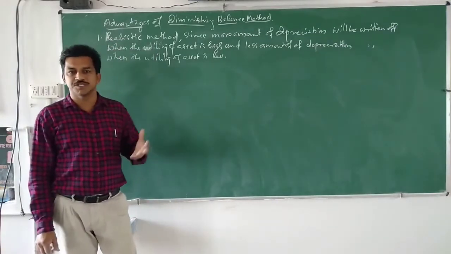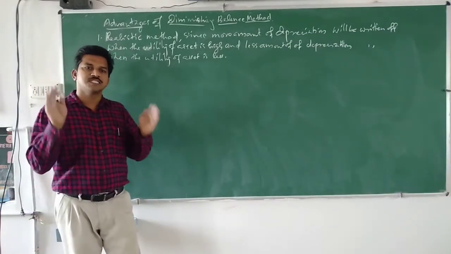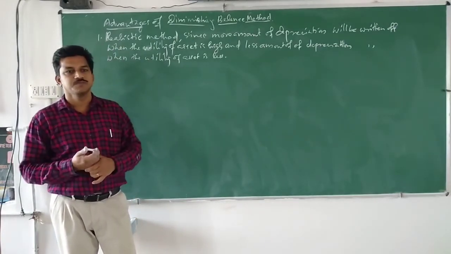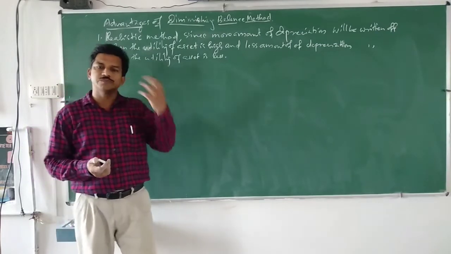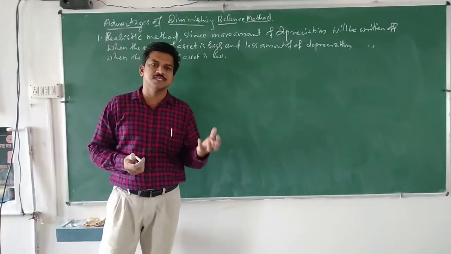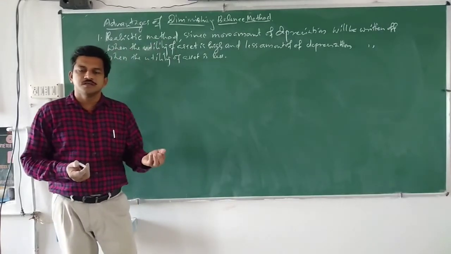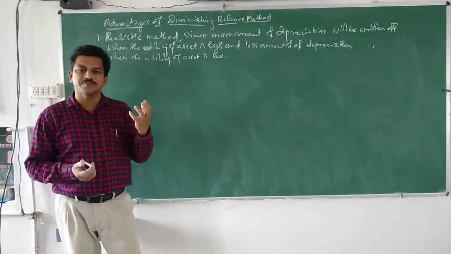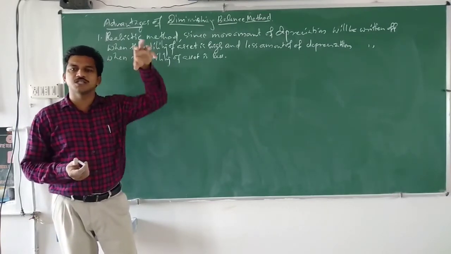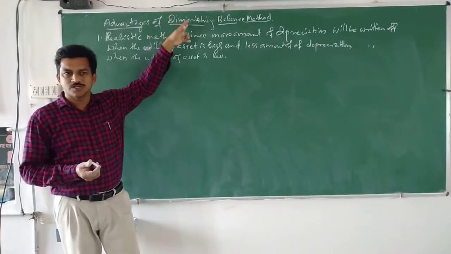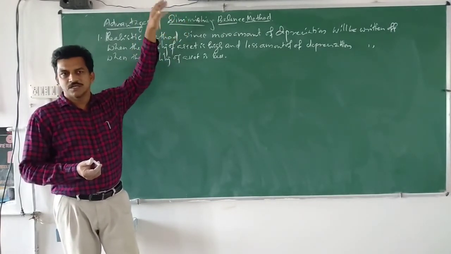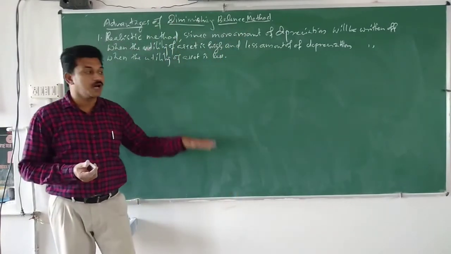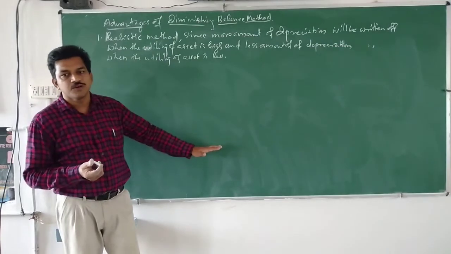When we purchase the asset, the asset will be new and it will have more capacity or utility. So when the utility is more, that means when the asset is able to provide more service, at that time we will charge more depreciation. You can see in this question which we have discussed. In the first year we have written off 20,000 rupees depreciation, and at last we have written off 9,500.